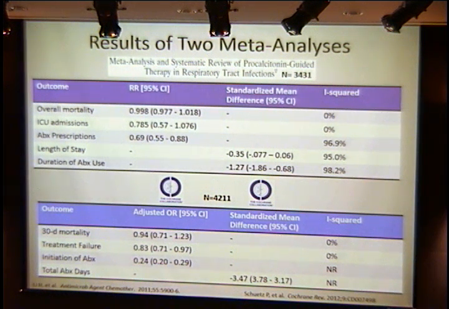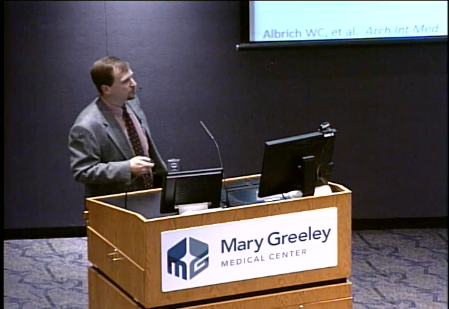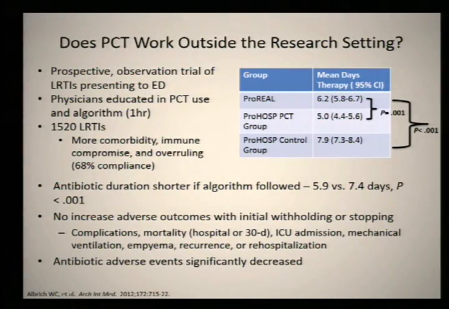The companies who do this would love to do a stewardship study with procalcitonin to get an indication, but the FDA has some interesting ideas about gold standards and how they think they should do the studies that are very different than how I would design the study or how the companies would. So I don't know if we're going to see those studies done in the US unless they're sponsored by some other institution like AHRQ. So does it work in the real world setting? An important question to answer, and I don't think we have all the information on that.